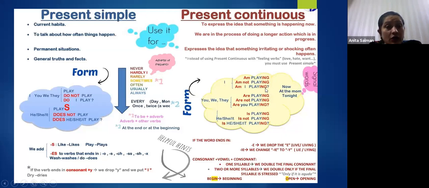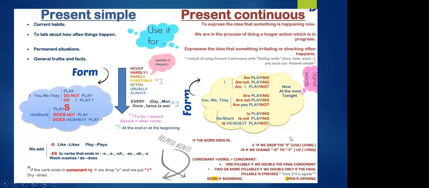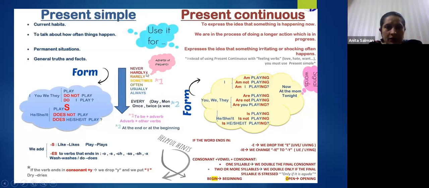That is also a clue to know whether the tense is simple present or present continuous, right? Adverbs of frequency are mostly used with simple present tense, like never, hardly, rarely, sometimes, often, usually, always, and even every day, once, twice.